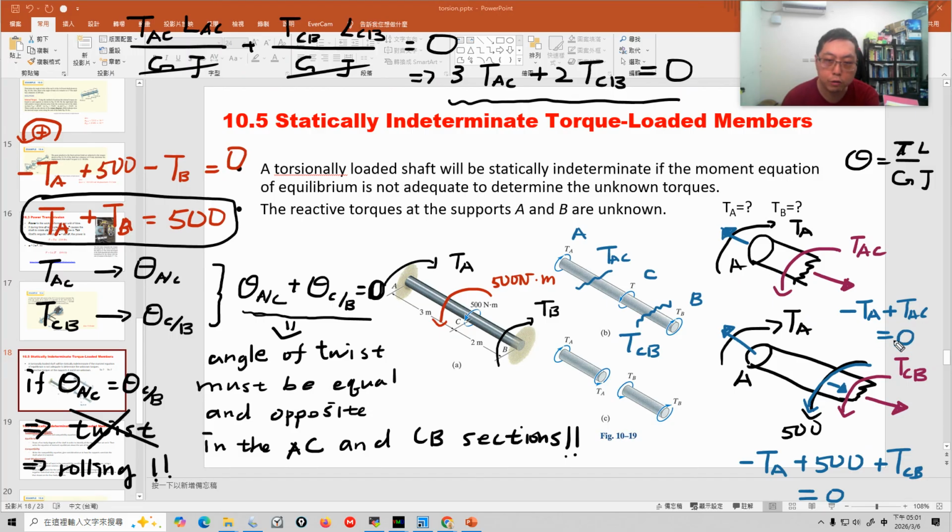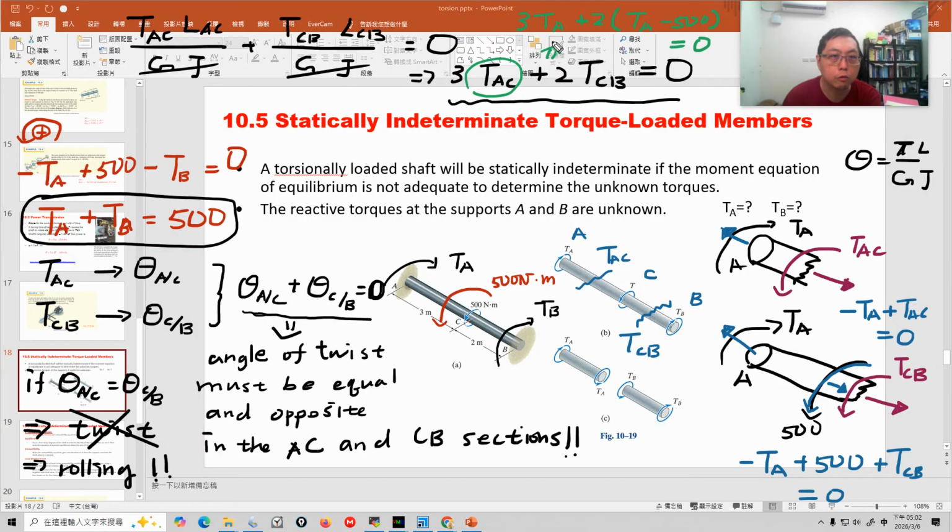So for these two rigid body equilibriums, it tells you that TAC is equal to, maybe let me write right here, TAC is equal to TA. So it's 3TA. And TCB is equal to TA minus 500, so equal to 0.